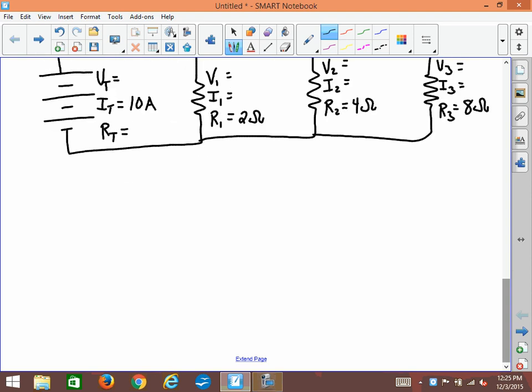Now remember, in parallel, doing resistance is a little bit tricky. It's a reciprocal relationship. 1 over the total equals 1 over R1 plus 1 over R2 plus 1 over R3.